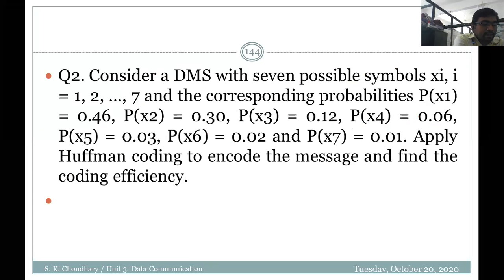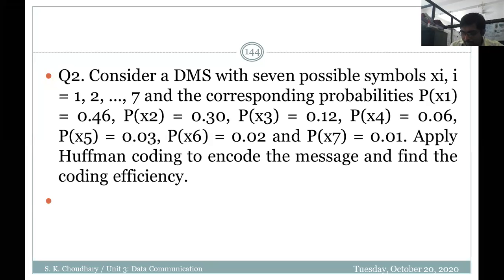Consider a discrete memoryless source with 7 possible symbols, that is xi, i is from 1 to 7, and the corresponding probabilities: p of x1 is equal to 0.46, p of x2 is 0.30, p of x3 is 0.12, p of x4 is 0.06, p of x5 is 0.03, p of x6 is 0.02, and p of x7 is 0.01.